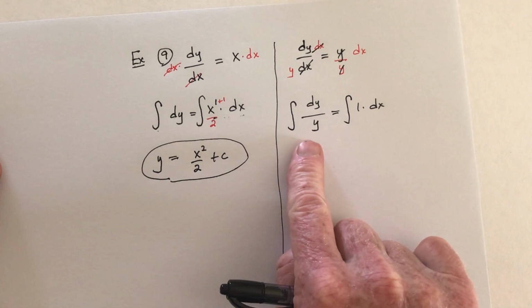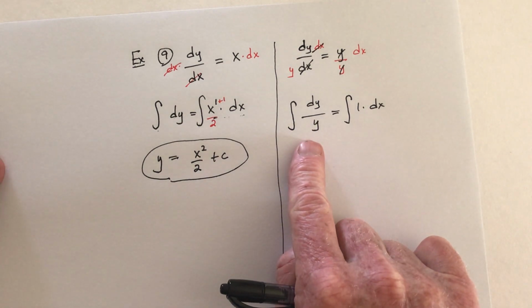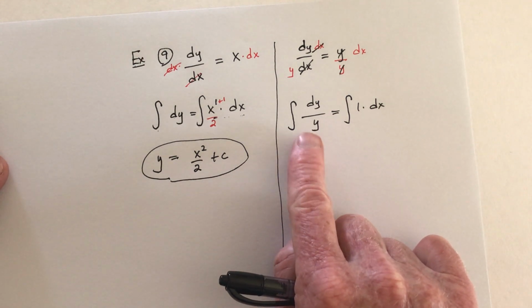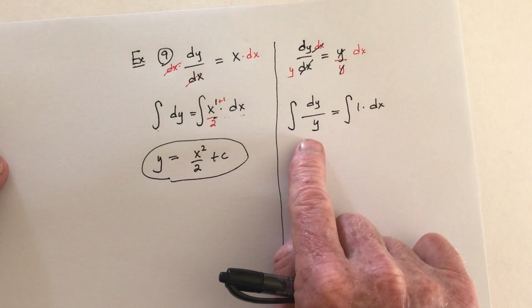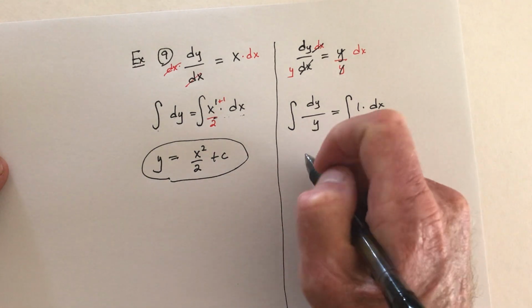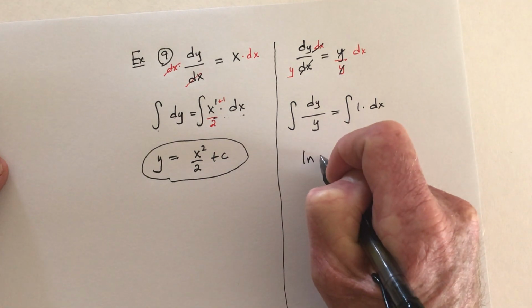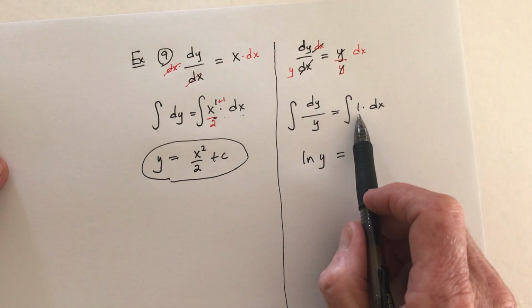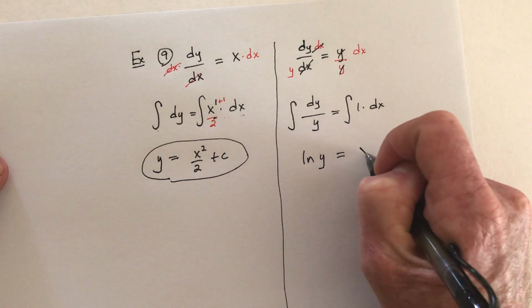Well, this one right here, if you look back to the first 3, 4, 5 examples that I did, this showed up several times. This is from the natural log. It's basically 1 over y, so that would be the natural log of y. And the antiderivative of 1 is just an x.